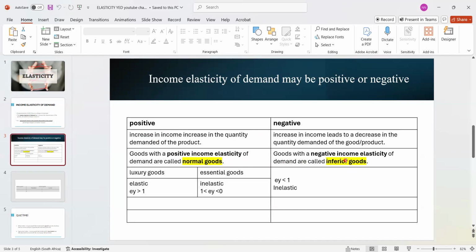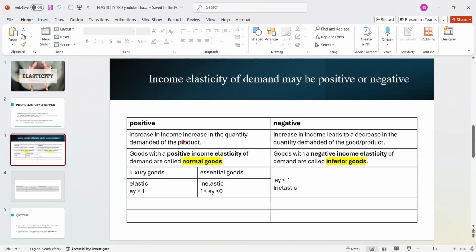Same thing with the inferior good. Your inferior good is a kota that you purchase at Boss Mike. If you receive your allowance, you will not purchase it. You would want to go to a restaurant, meaning that for inferior goods, if your income increases, the demand for that good decreases. You understand? Because it is an inferior good.